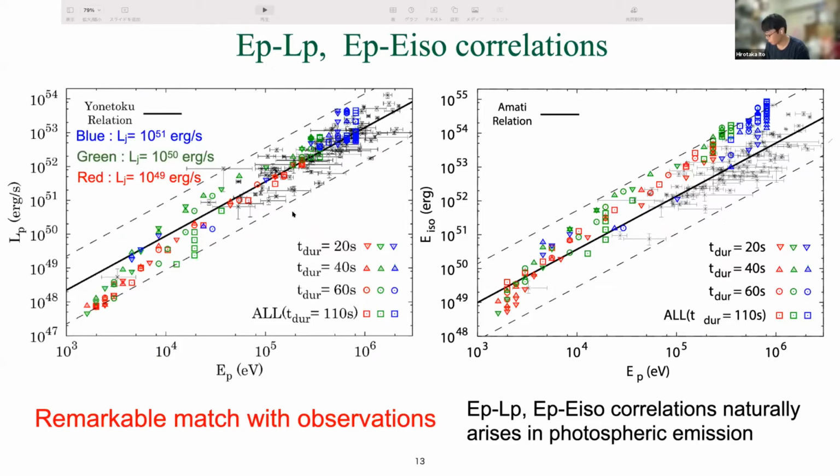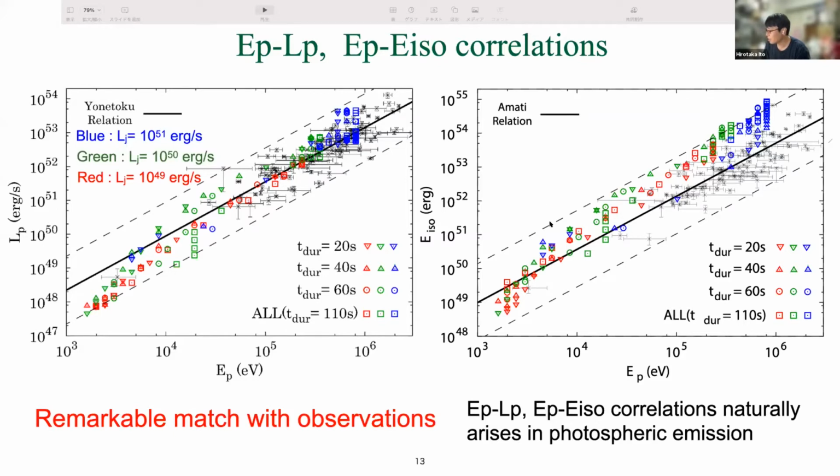As you can see, all three models naturally reproduce the correlation curve. There seems to be some systematic offset toward higher energy for the Amati relation, but this may be simply due to the long injection duration imposed in our simulations, which is set by hand.